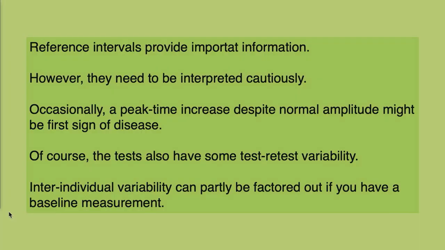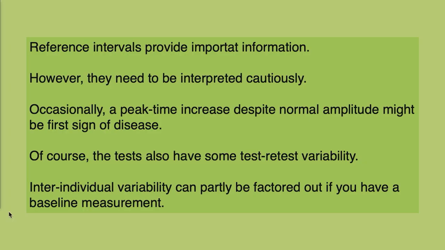And there's, of course, inter-individual variability, which is the main factor in the width of these reference ranges. That can partly be factored out if you have a baseline measurement. Of course, you wouldn't send everyone in the whole population to get a baseline measurement, but it can be useful in some cases if you know that a patient gets certain drugs.